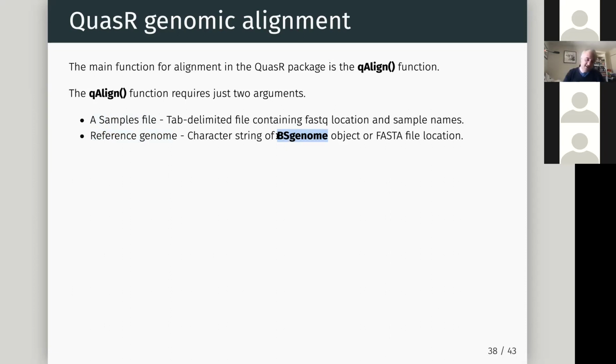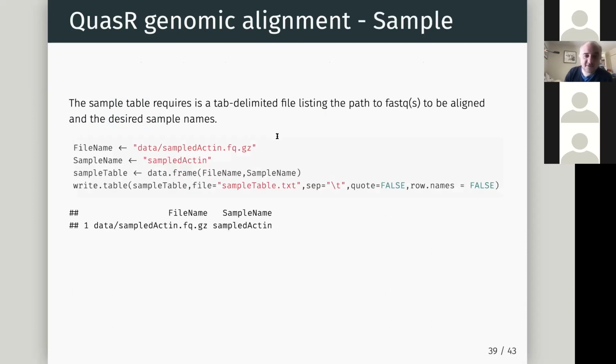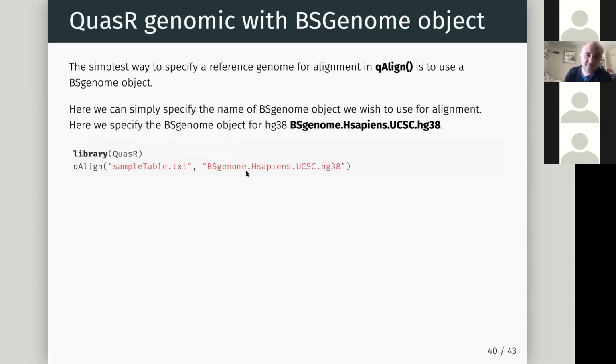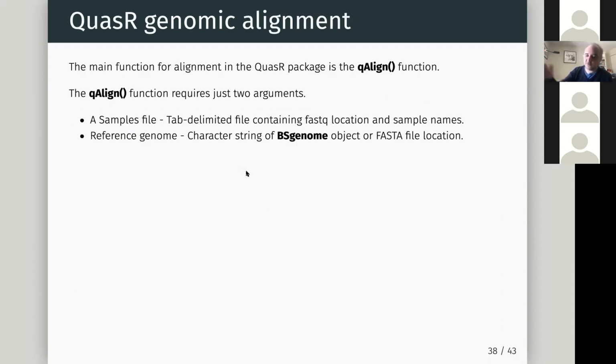So we can be even more Bioconductor. We don't need our own FASTA. We can just supply the BSgenome object. I'm not sure if we do that here. Yeah, like here. And it will internally go get all the sequence information.